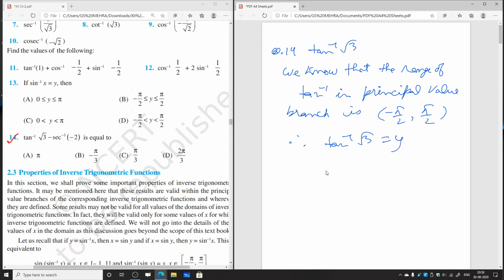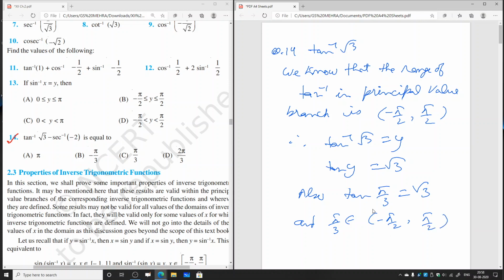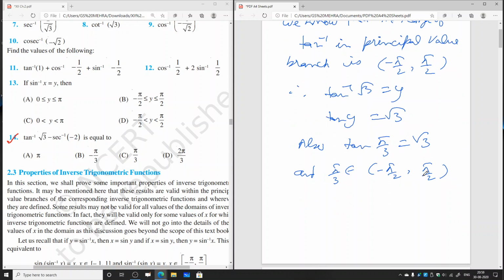This gives tan y equal to root 3, and we know that tan pi by 3 is root 3. Also, pi by 3 belongs to the open interval minus pi by 2 to pi by 2. So pi by 3 is the principal value.